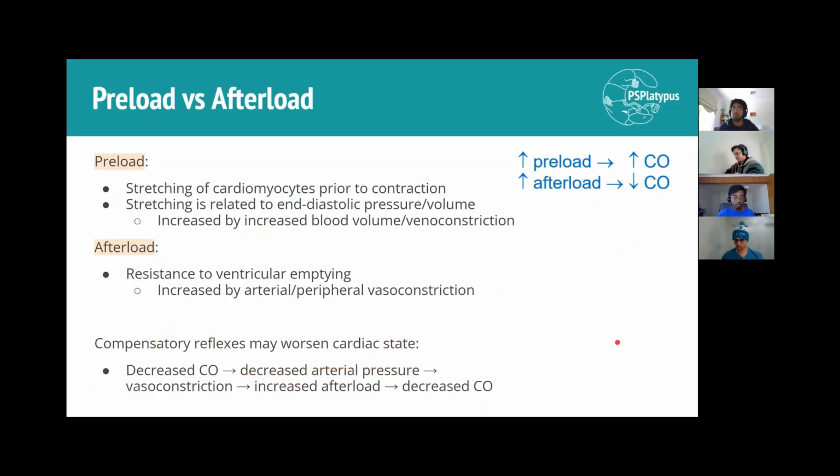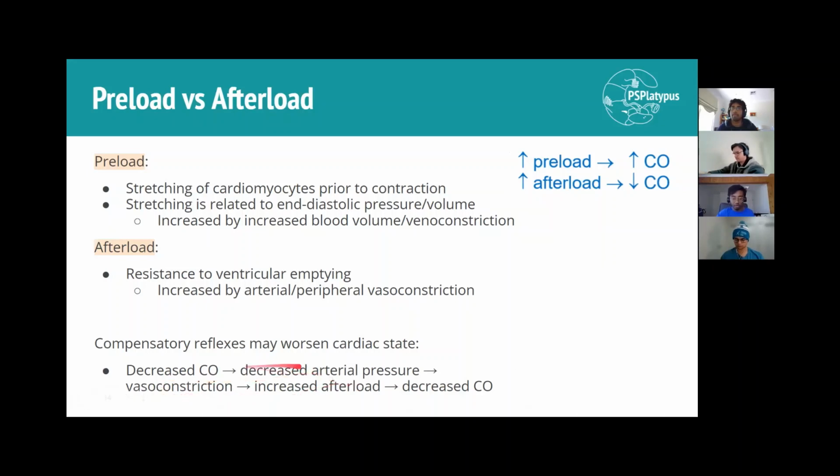Okay, so here's a little loop that you might fall into when you have heart failure. When you decrease cardiac output, which is essentially the amount of blood leaving the heart, you're going to decrease arterial pressure when you're pumping from the left ventricle into the arteries.